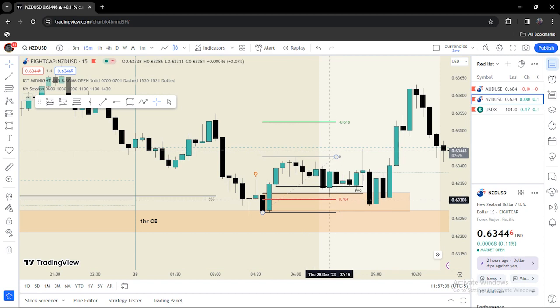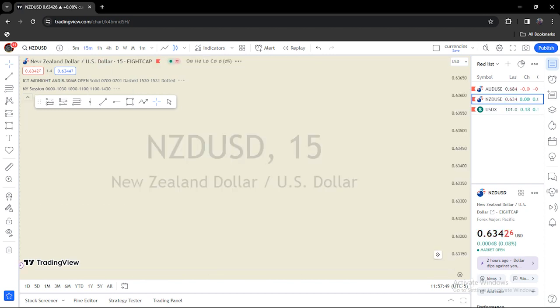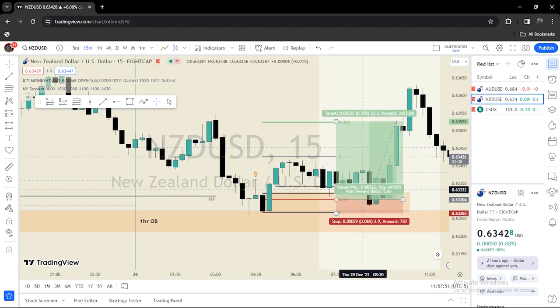We put a buy limit there, it triggered our buy limit order, and then it went and hit our TP. The trade lasted about an hour.